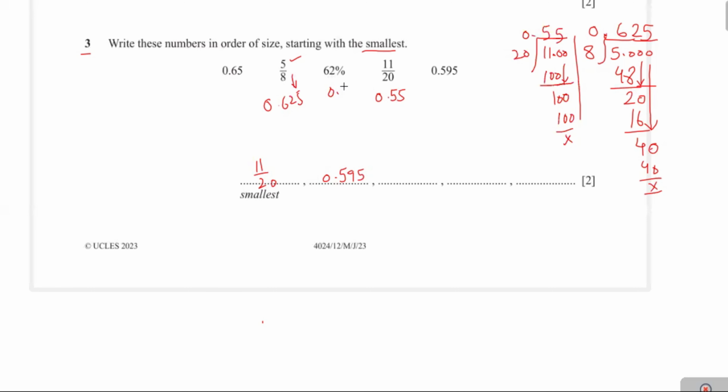We write it as 0.62. 62% means 62 over 100 and 62 over 100 is 0.62. Next is 0.62, we write it as 62%. The fourth value is 0.625 and this is 5 over 8. And the last value is 0.65 and this is the answer.